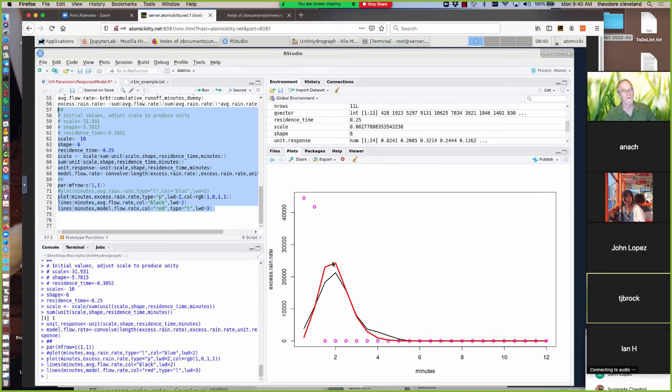And so now we've got the residence time pretty good, and we can try to work on getting a better fit of the shape. That had almost no impact.